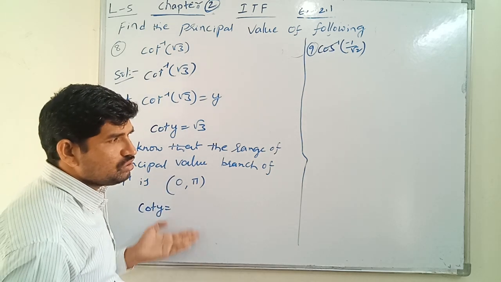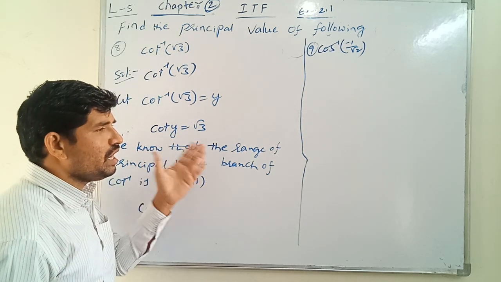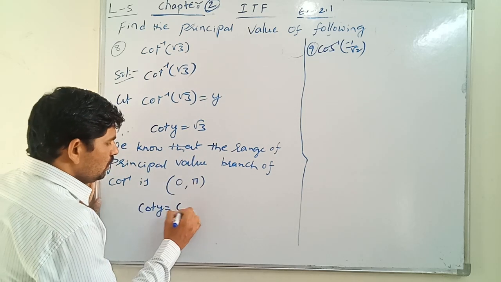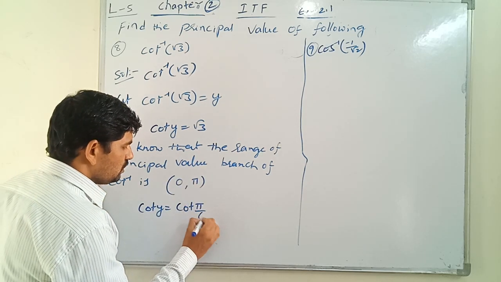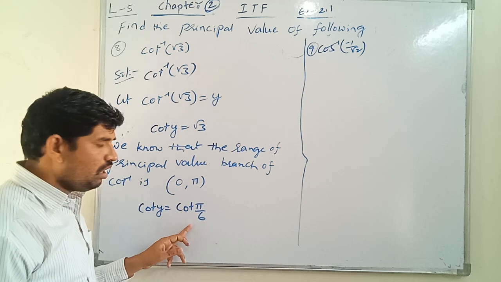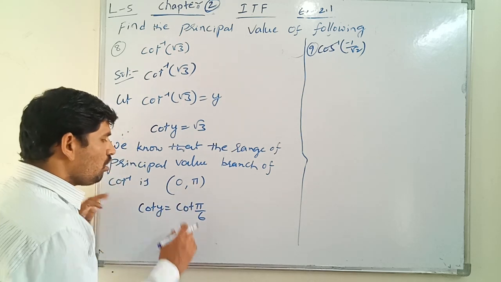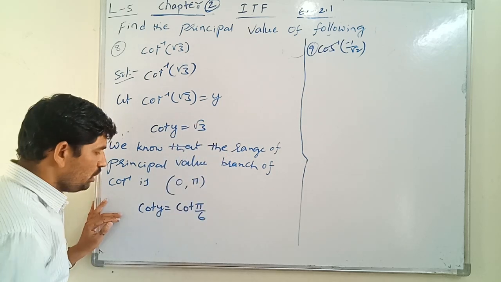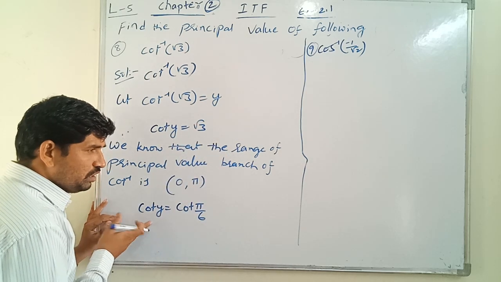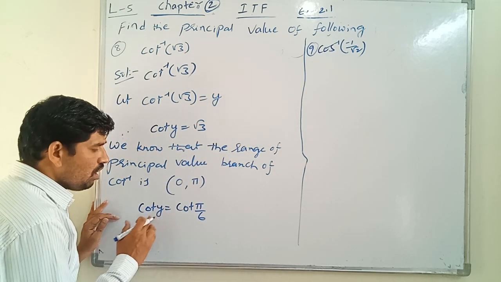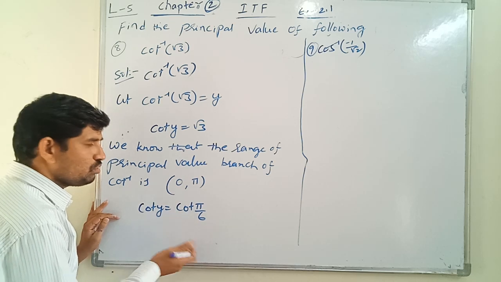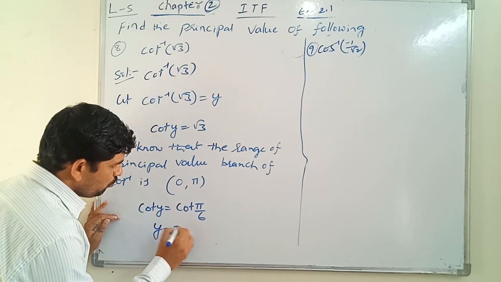In cot, at which angle do we have the value root 3? At pi by 6. Is it cot 60 or cot 30? It is cot 30. At cot 30 we have the value root 3. From the trigonometric equations, cot x equal to cot y means x is equal to y, so y is equal to pi by 6.